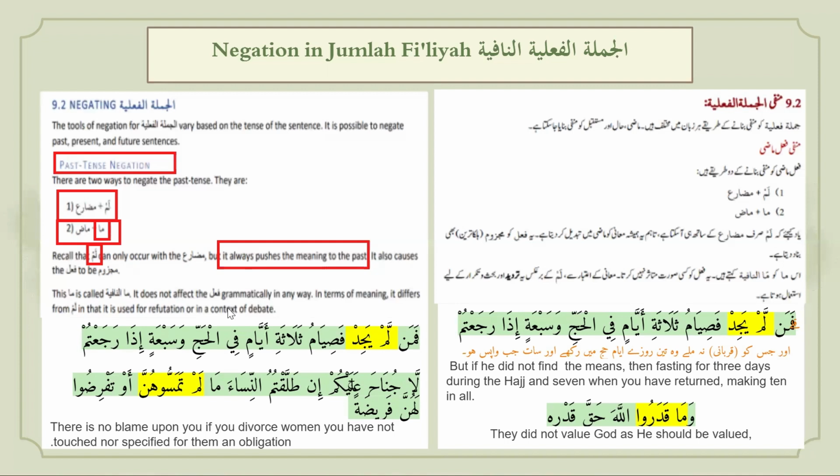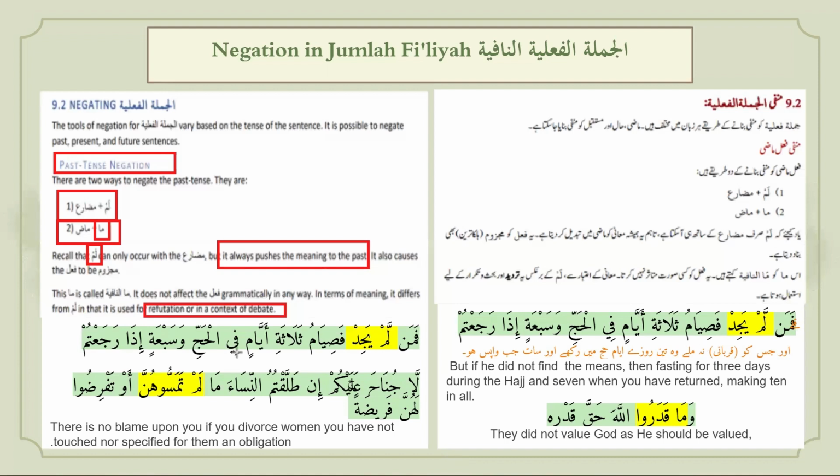So this ma nafia doesn't affect the fe'l, and it also gives the meaning of refutation, or in a context of debate. So lam is just simple negation, while ma has a deeper meaning; it is used for negation also.